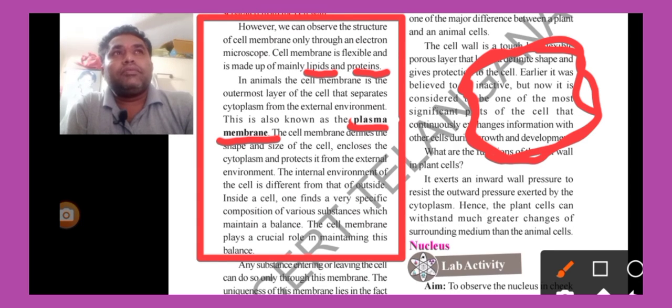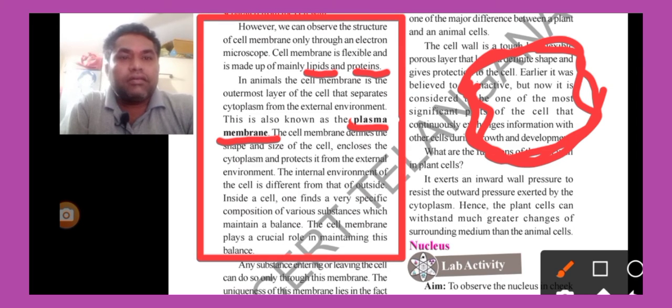In an animal cell there is no cell wall, only the plasma membrane, and it is the outermost layer. This is the cell membrane.